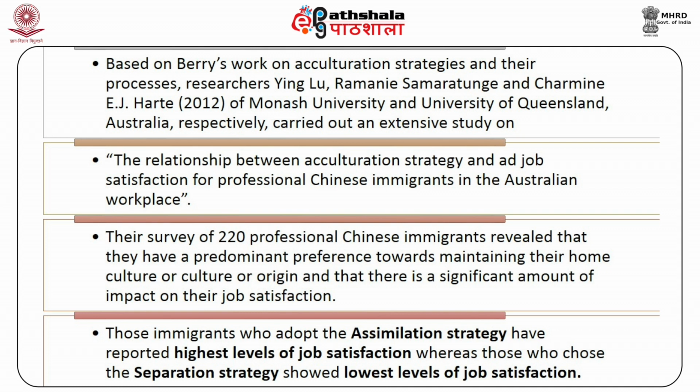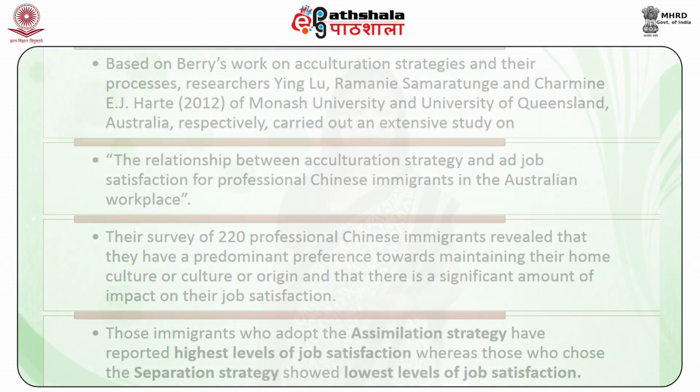Their survey of 220 professional Chinese immigrants revealed that they have a predominant preference towards maintaining their home culture or culture of origin, and that there is a significant amount of impact on their job satisfaction. Those immigrants who adopt the assimilation strategy have reported the highest levels of job satisfaction, whereas those who chose the separation strategy showed the lowest levels of job satisfaction.